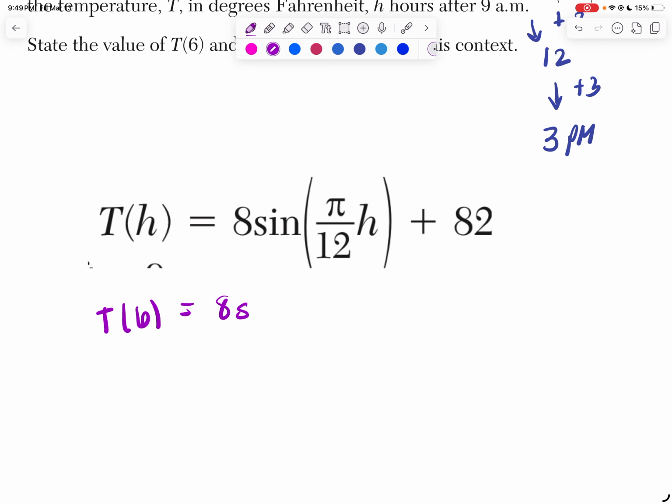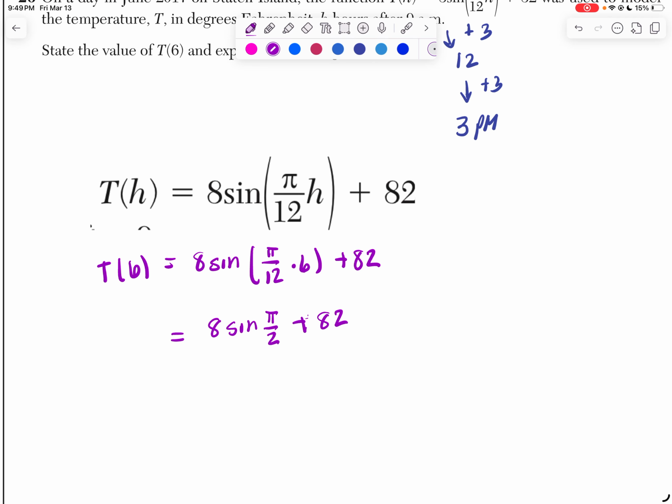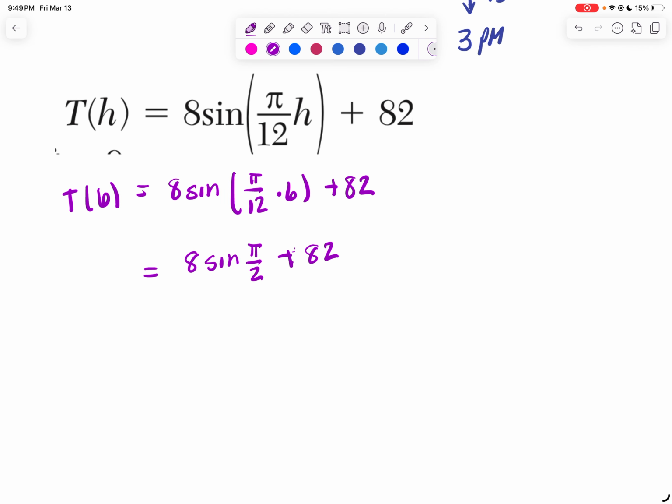So we have 8 sine of pi over 12 times 6, plus 82. Now, if I do pi over 12 times 6, that's going to give me pi over 2. Now, if you remember, the sine of pi over 2 is really the sine of 90.